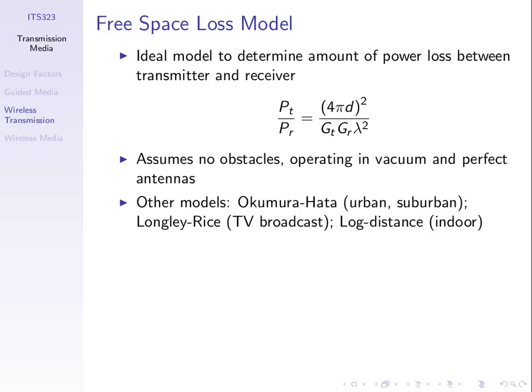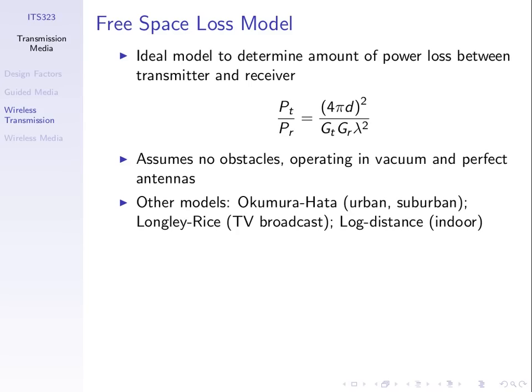And let's give a mathematical model for determining how much power we lose. It's called the free space loss model, or a free space path loss model is another name. The free space part assumes that we're operating out in space, in free space. Well, maybe more accurately, in a vacuum.